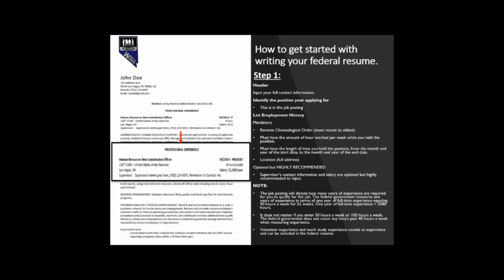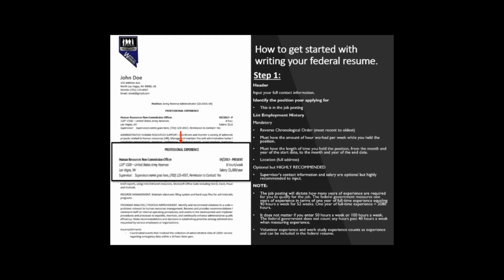So they'll take the month and year of your start date to the month and year of your end date, calculate how many weeks that was, and then multiply it by the amount of hours you worked a week. And then they'll compare it to how many years of experience you actually have doing that. So that is why it's important that you put the information in there.